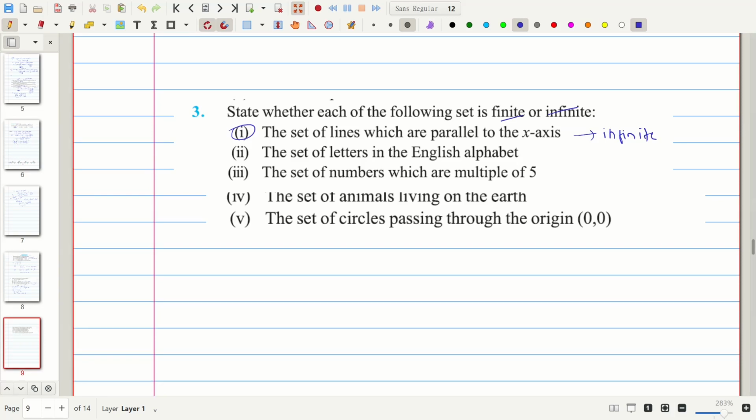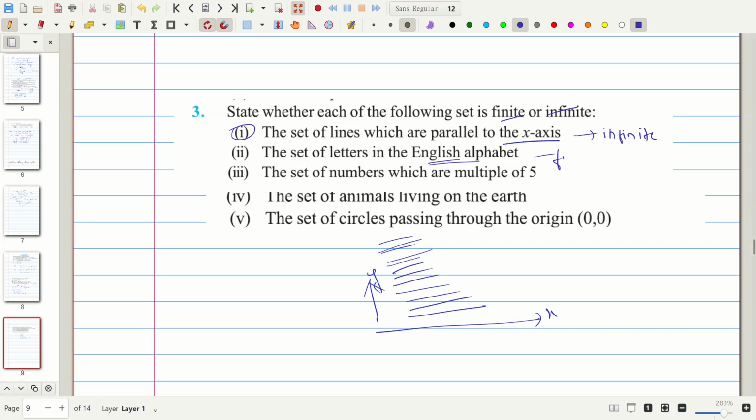Because there are infinitely many lines parallel to the x-axis. Suppose this is the x-axis and y-axis, there are an infinite number of parallel lines. Therefore this is an infinite set.